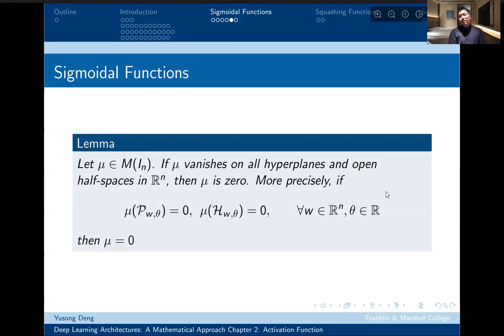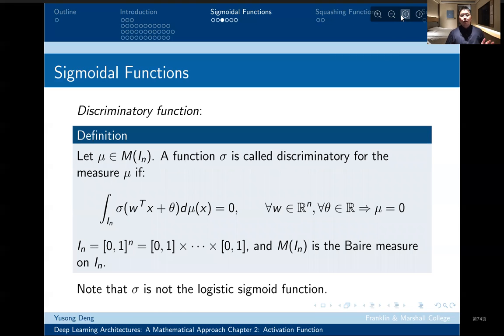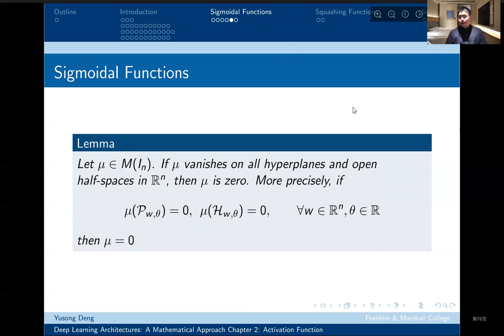Here's one lemma. The lemma will tell you whether mu equals 0, and from there it will help you better identify whether something is what we call a discriminatory function. I will pause here for a little while for you to pause and read it, because we do not want to give any further proof here.